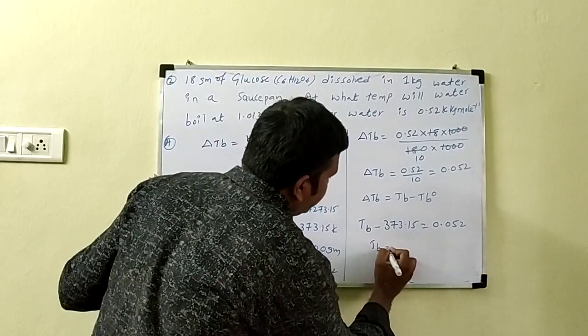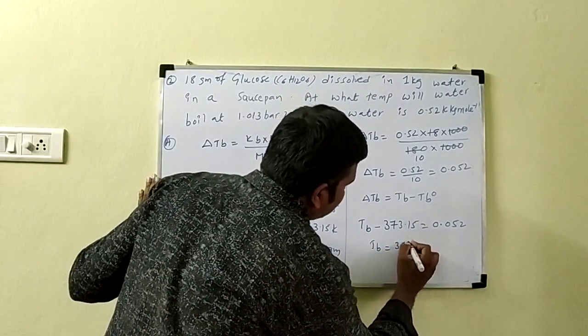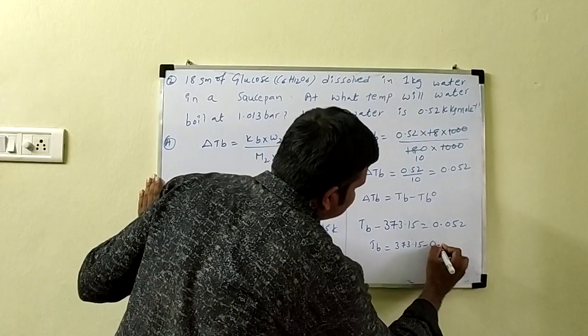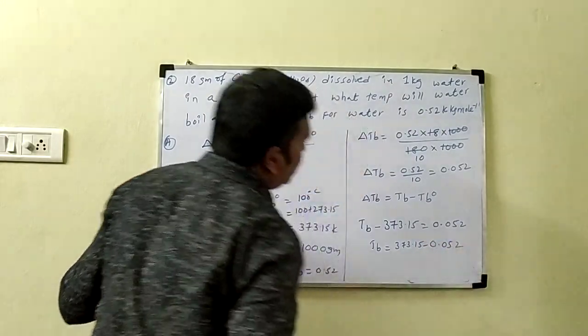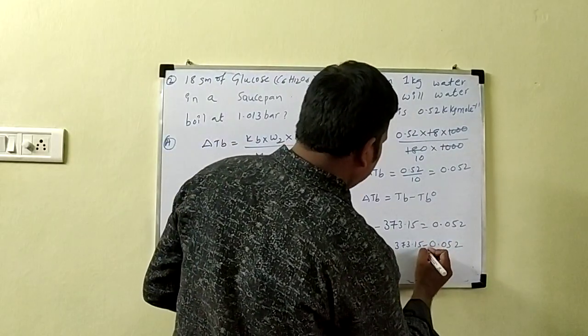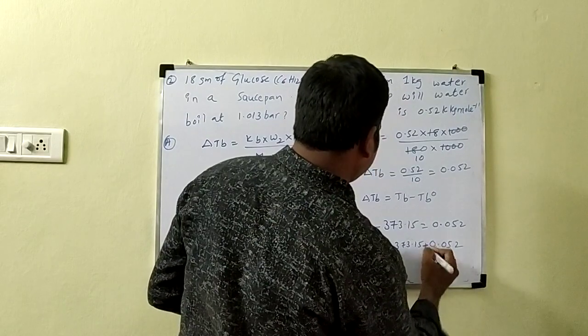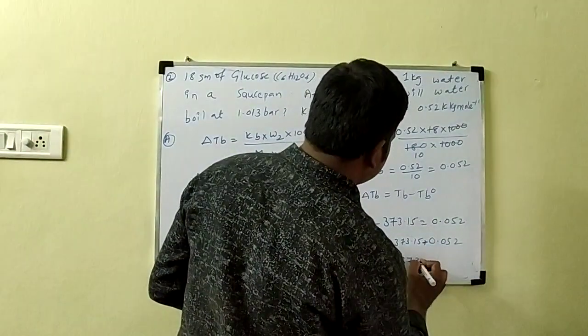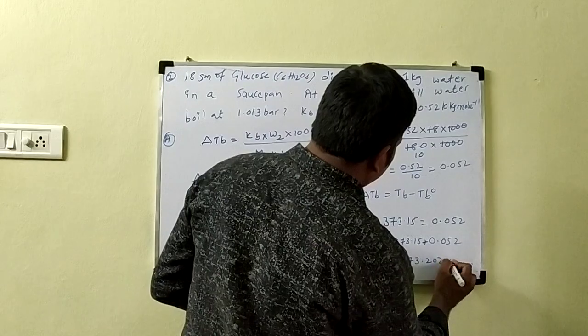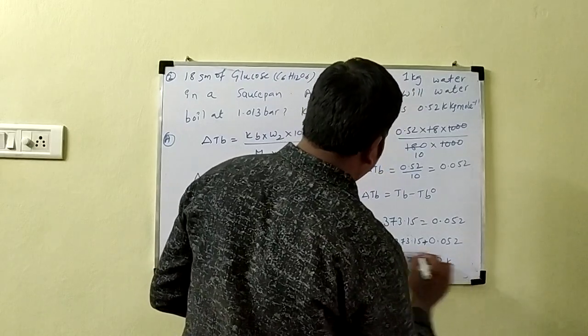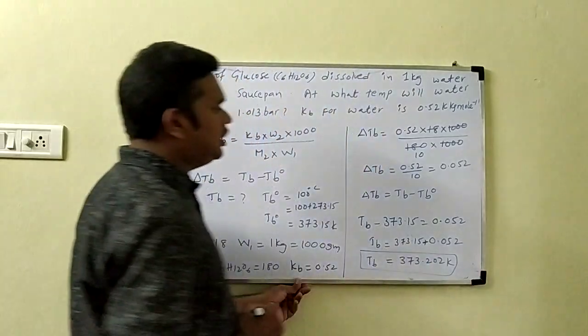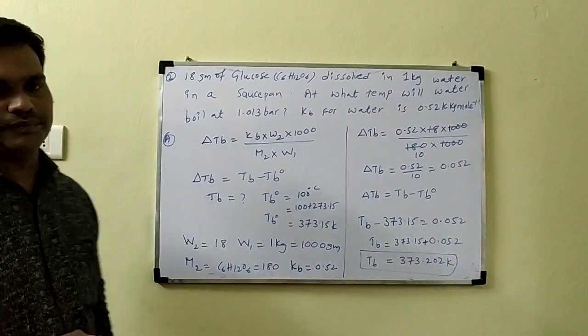Now TB is equal to 373.15 plus 0.052. You will get 373.202 Kelvin. What is it? It is the boiling point of the solution only.